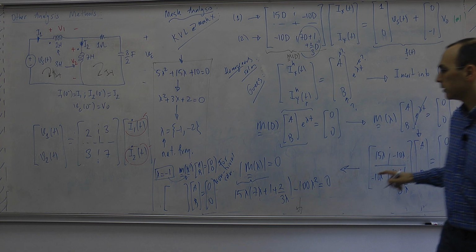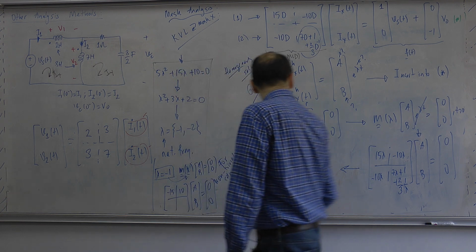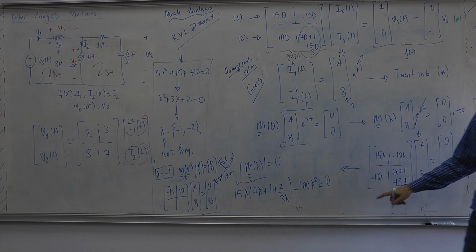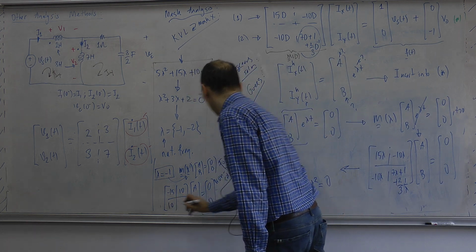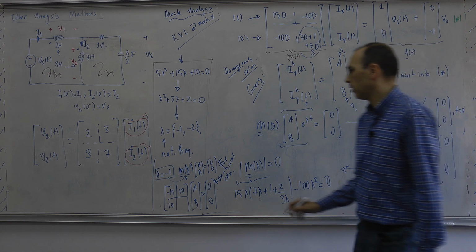So minus 15 plus 10. This is 10. And this is a little tricky. This is minus 6 plus 2 over 3.